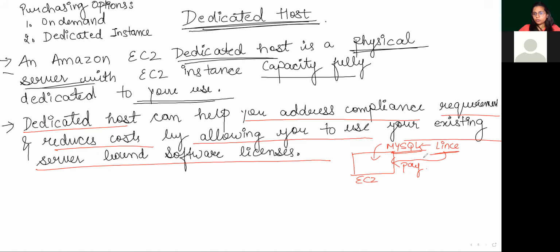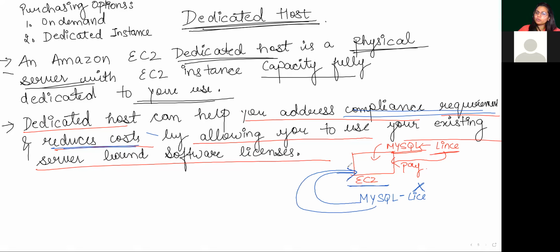But in this dedicated host, if in your local system you already have a MySQL, and it has a license, then you can directly integrate it with this EC2 instance. So the cost of license is reduced, and hence you are saving. The compliance requirement is filled automatically because you already have it. Because this is your own EC2 instance which nobody else can access, you can use your own resources from your local computer also.